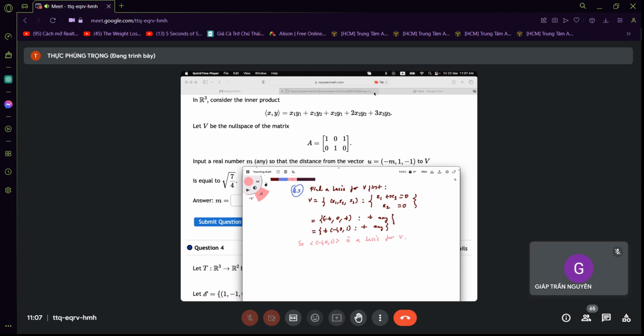I write the distance from u to V is this one. This is what we want, right? This is the same as the minimum of the norm of u minus v.